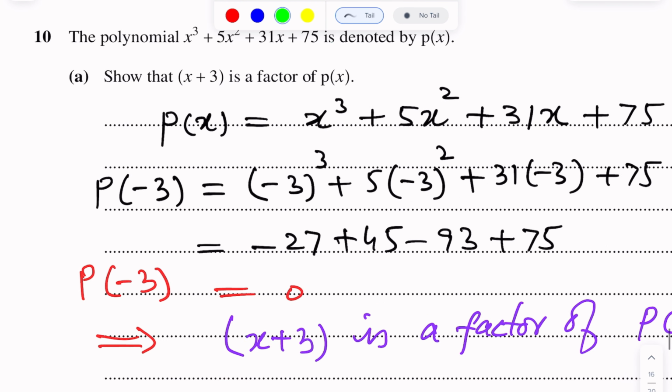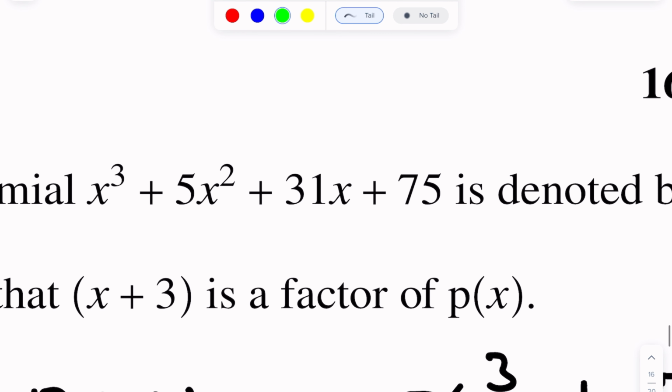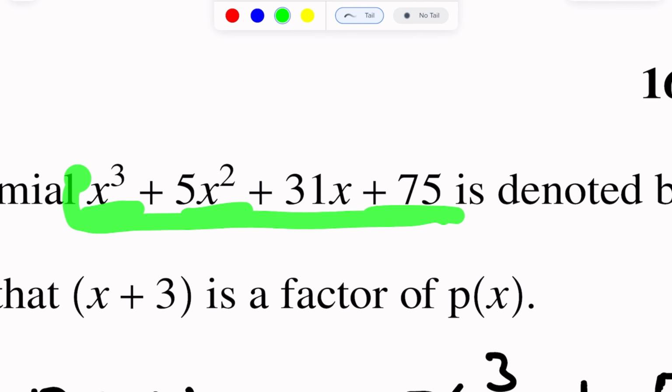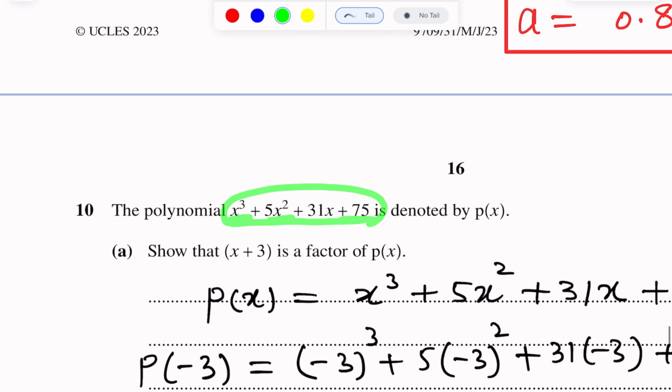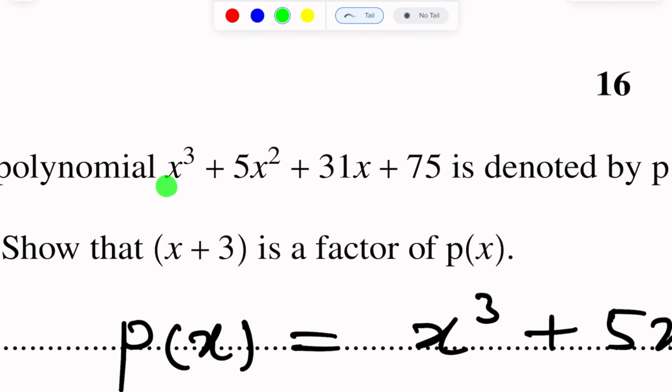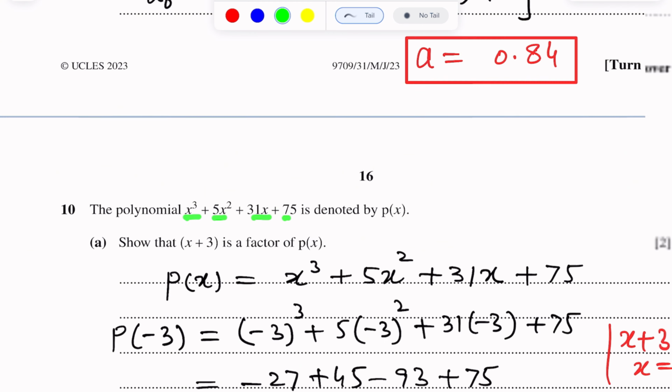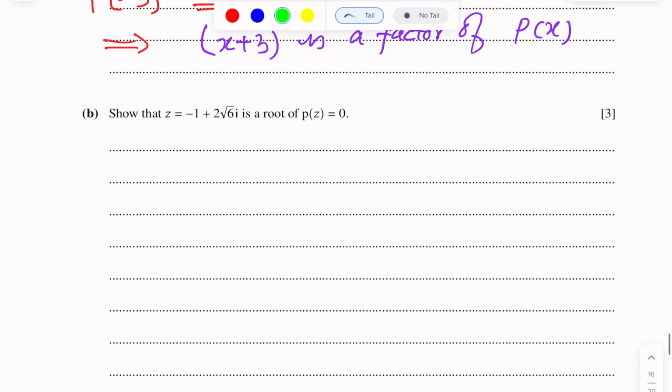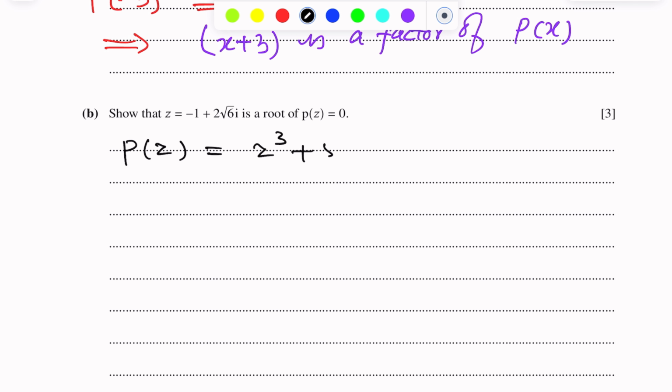Now in this question we replace x by z, so p(z) will be z cubed plus 5z squared plus 31z plus 75.